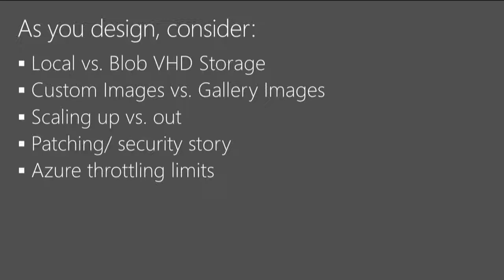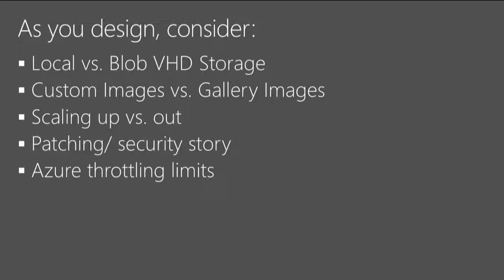Whether you want to scale up, so getting bigger VMs with more horsepower behind them, more cores, more memory, versus scaling out, which is simply allocating more and more VMs to throw at the problem. Even with more VMs, you still need to think about the size of the VM and what fits your workload. You'll probably have a patching and security story that you have to think about.